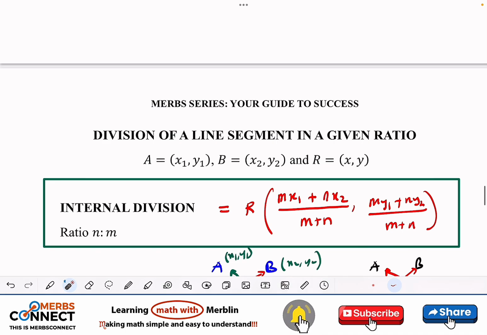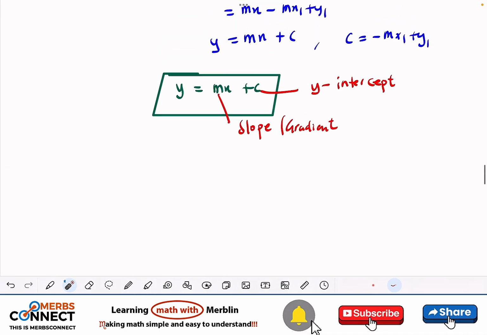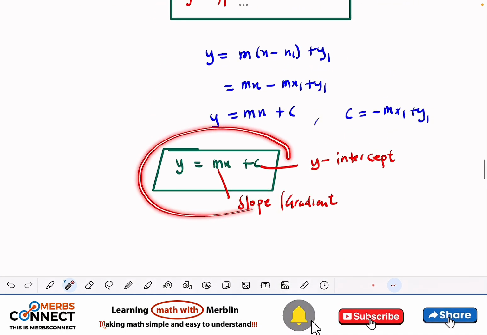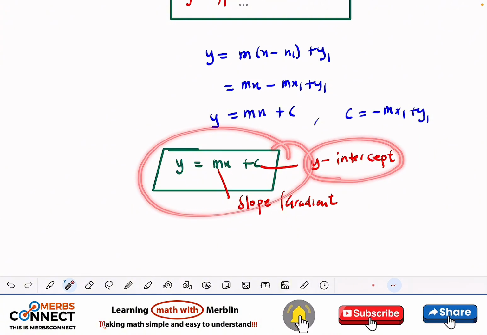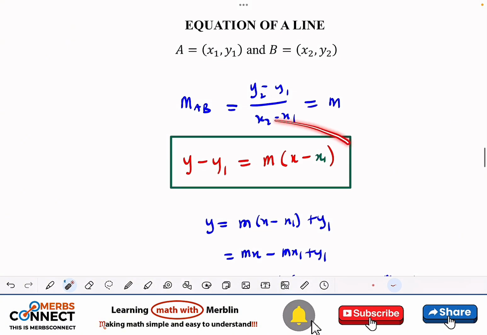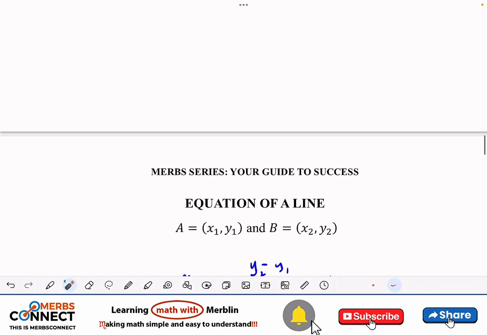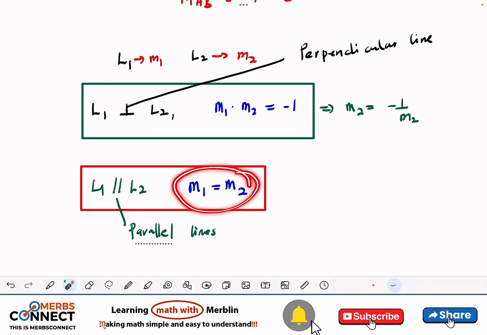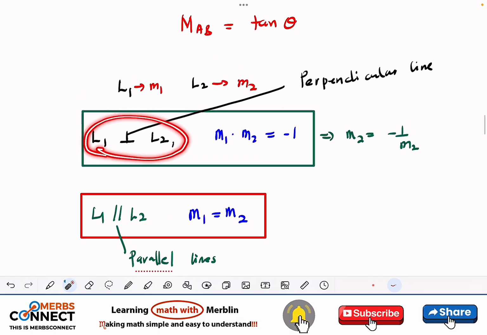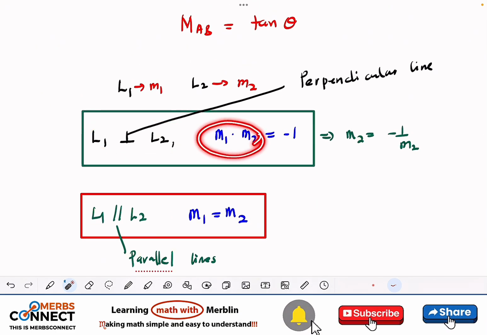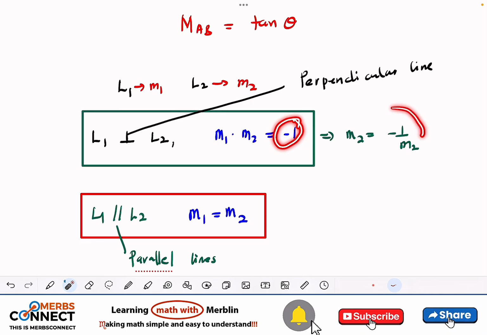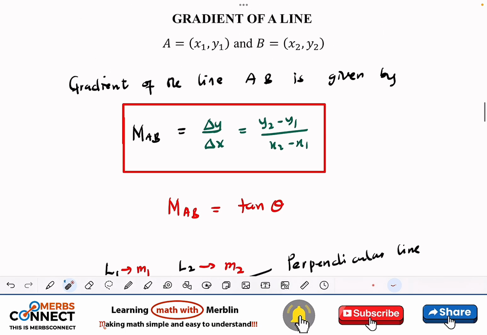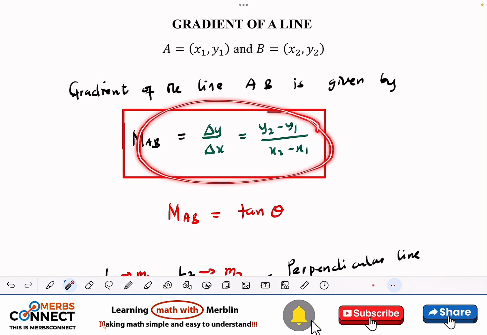And then this one is for the internal division. We have the equation of the line in the y-intercept form. And then this is the equation of the line, the general one. And then we learned that if two lines are parallel to each other, then they have the same slope. If they are perpendicular to each other, then when I multiply the slopes, I should have -1, which is the same as this.